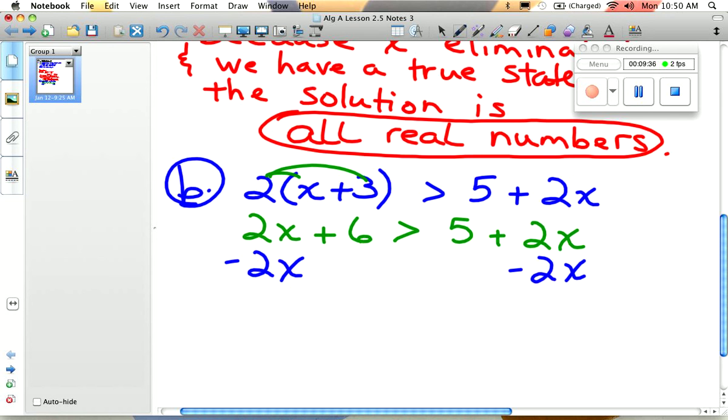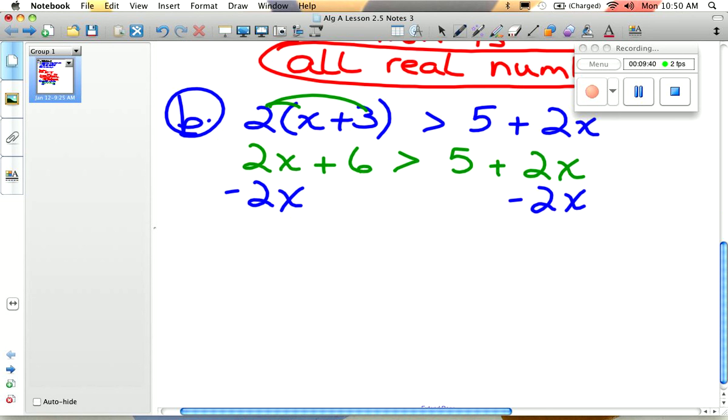And what's our resulting statement now? 6 is greater than 5. In other words, take away 2x on the left, the x's are gone, and we have just 6 left to bring down. And the 5 comes down, and 2x take away 2x is gone. So our variable eliminated.